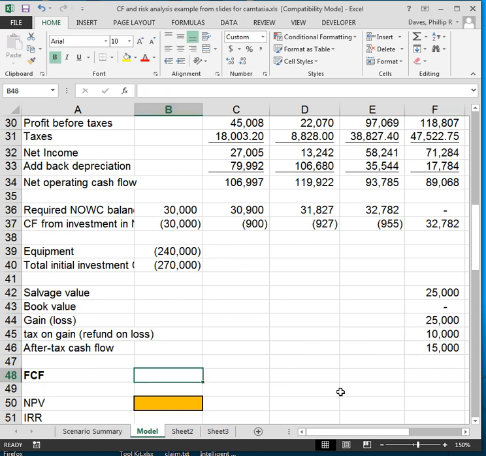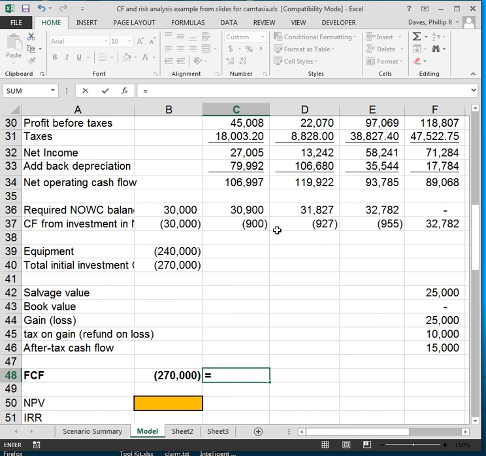All right, so our total free cash flow in year 0 is our total initial investment of $270,000. Our total free cash flow in year 1 is our net operating cash flow plus our cash flow from net operating working capital, which is a negative number, so it's going to reduce it by $900.